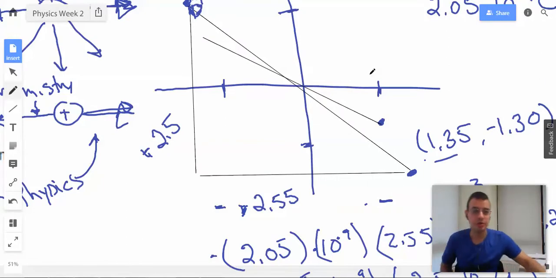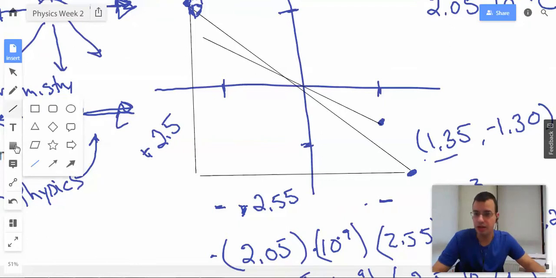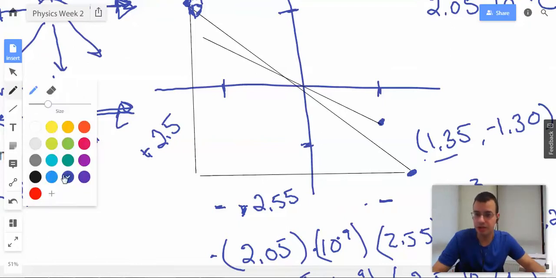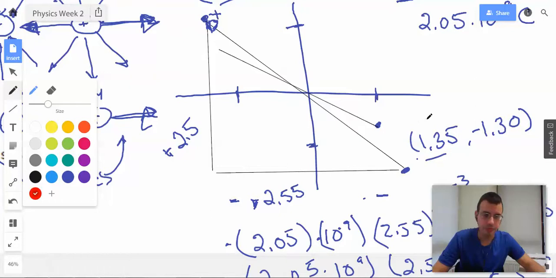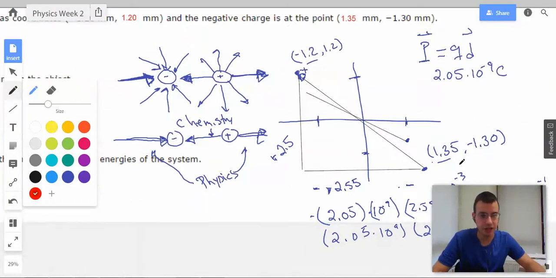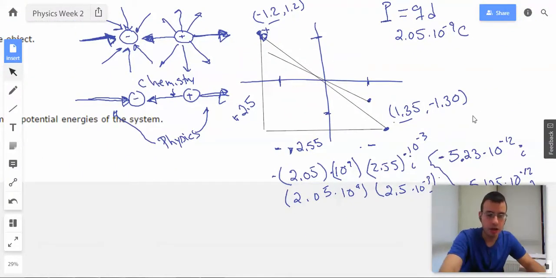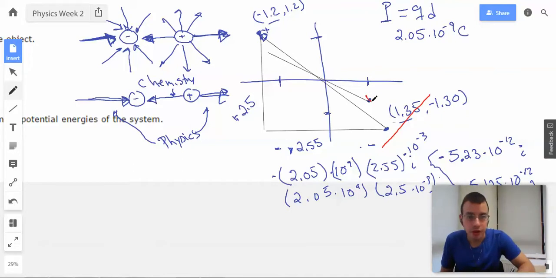So the important part with that is I'm going to change pens to red to get a little bit more contrast on this. Is that then tells us how it's going to affect the dipole. So electric field goes this way and here.